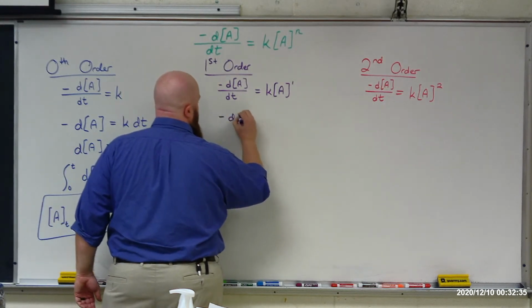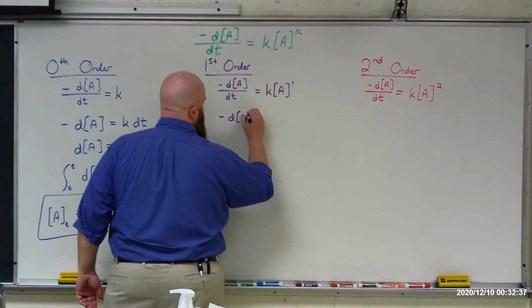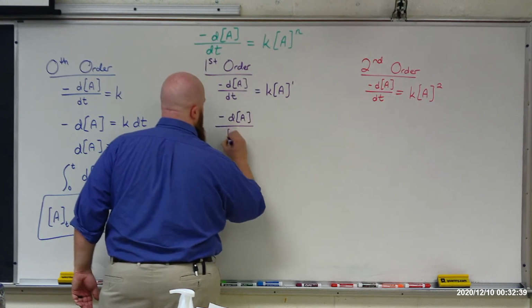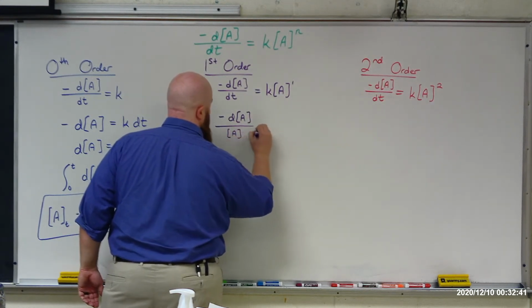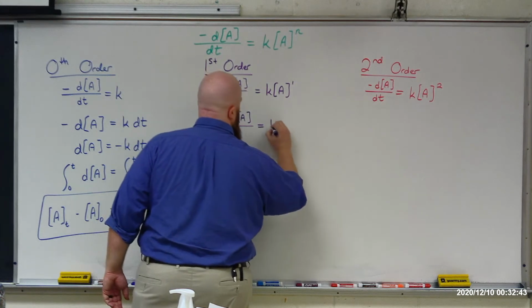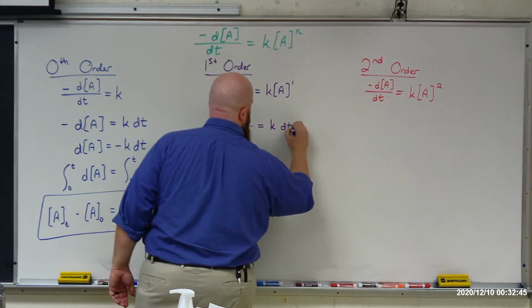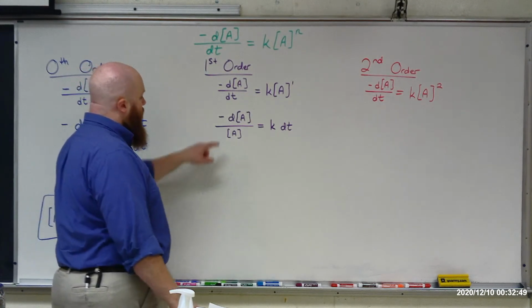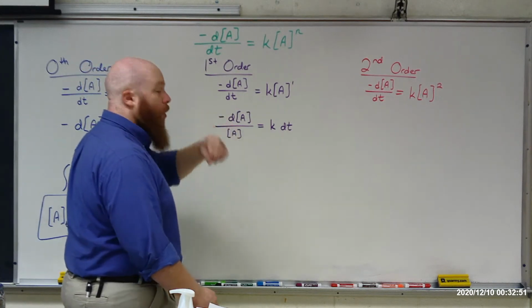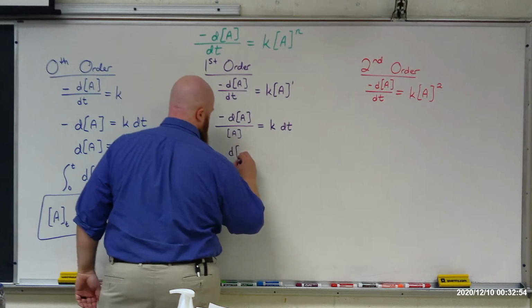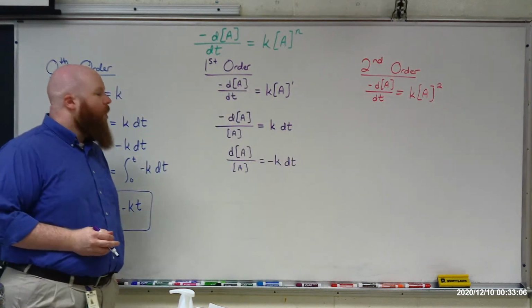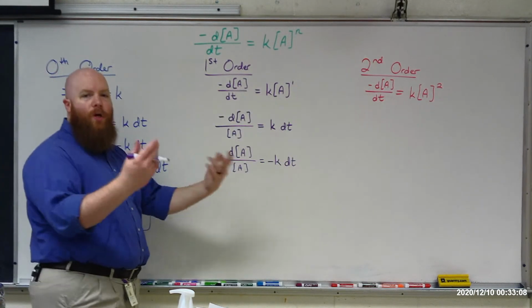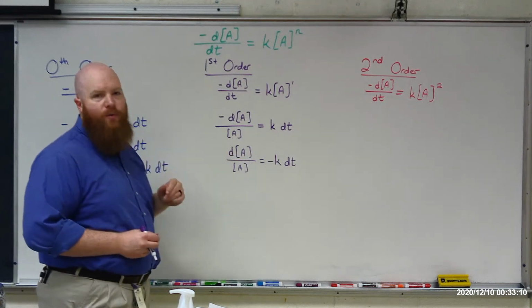And we end up with negative d concentration over concentration is equal to k dt. And then, just like before, we'll go ahead and we'll move that negative over as well. We've separated our variables. We'll go ahead and we'll integrate to get rid of those derivatives.